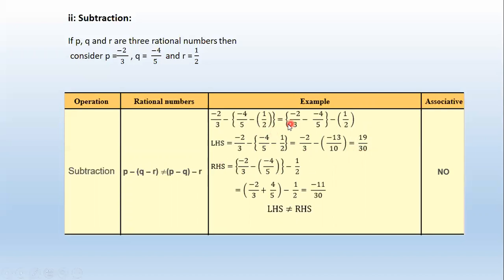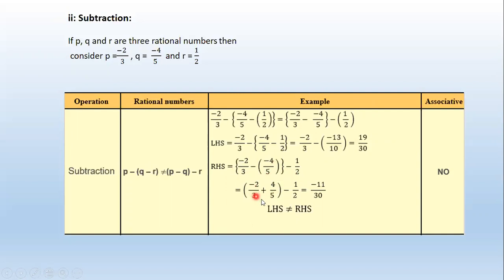Now we'll solve the right hand side. Minus 2 by 3 minus 4 by 5. P minus Q, in the bracket we are putting these two, P minus (Q minus R). Minus 2 by 3, minus into minus is plus 4 by 5.